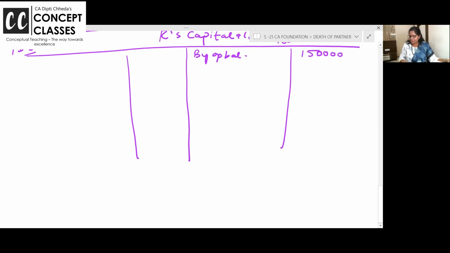After this, actually, we have to prepare the executor's account. But I am doing a working note. After that, we will prepare it. No problem. Let's go, working note 1. There is no need for PSR, there is no old and new ratio, the ratio is written, so directly make goodwill. Goodwill is valued at 2.5 years purchase of the last 4 years and there is no mistake in the profit.